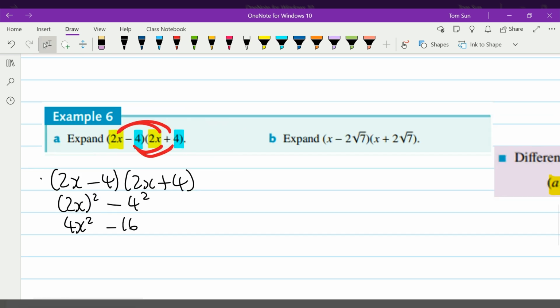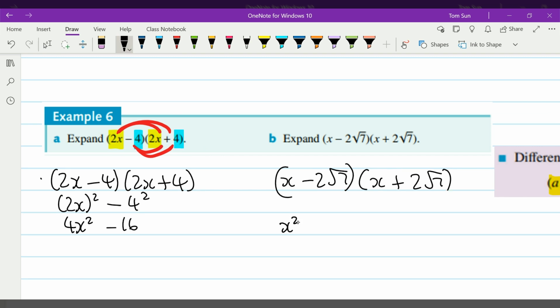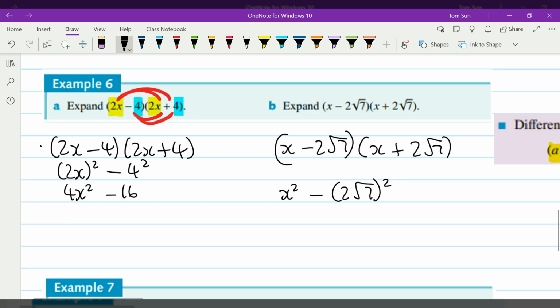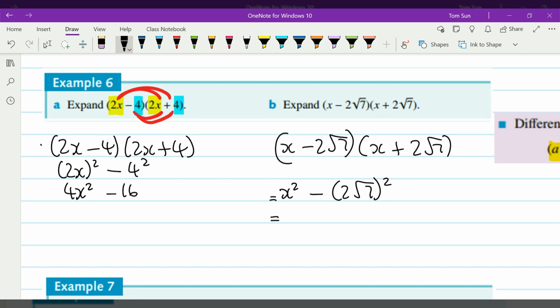So we can do the same thing here. We get x minus 2 root 7, and then, of course, x plus 2 root 7, which allows us to do the difference of two squares. So it's just going to be x squared minus 2 root 7 squared, which is equal to x squared minus, now 2 squared is 4, but root 7 squared is just 7, because the square cancels out the square root.